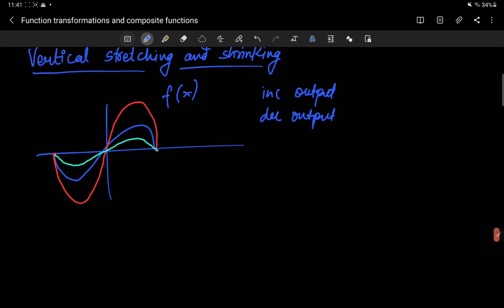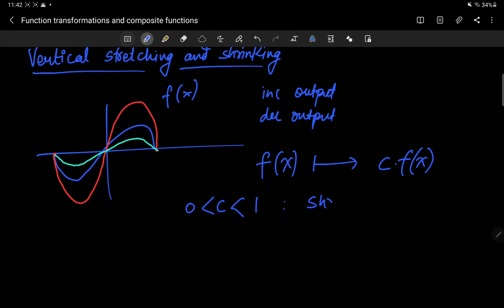For example, the transformation is basically taking f of x to c times f of x, some number. If c is less than 1, then that's called shrinking. But if c is more than 1, then that is stretching, because then we are increasing the output by some factor.